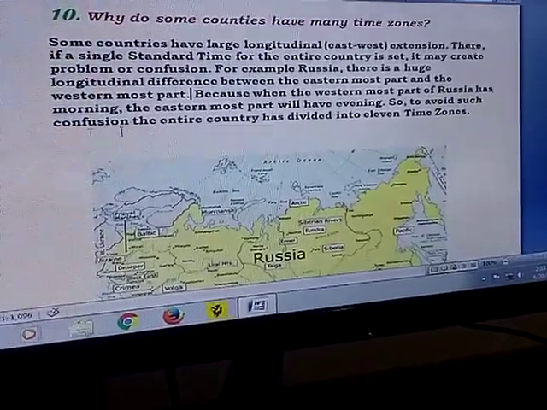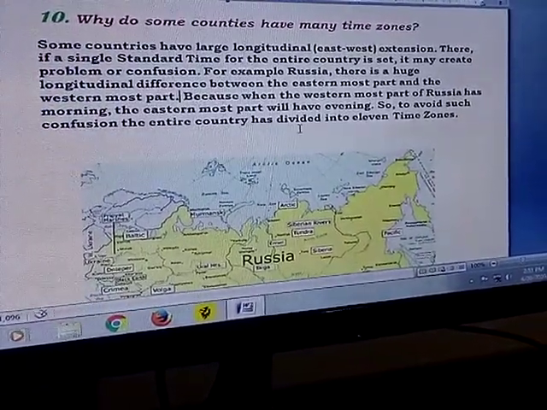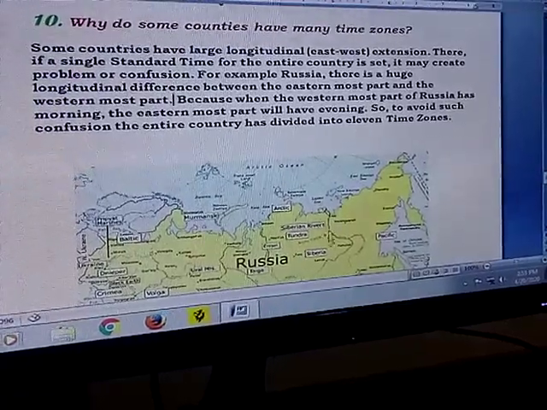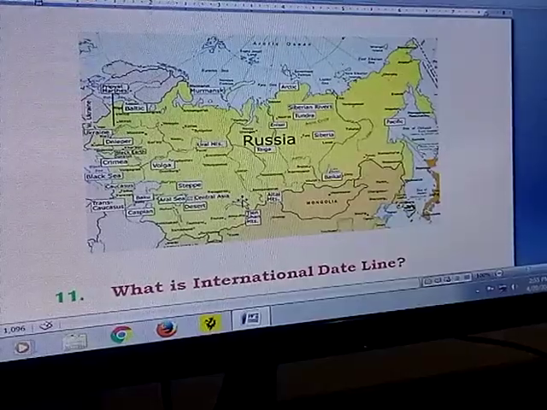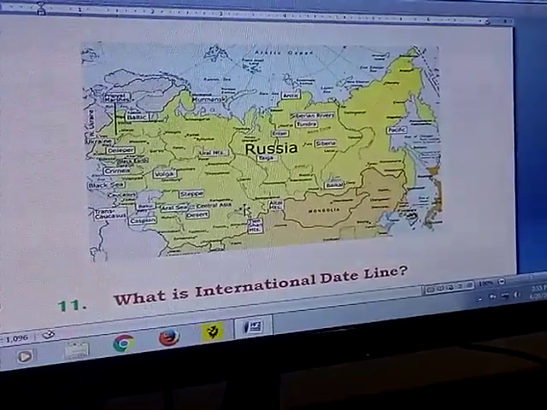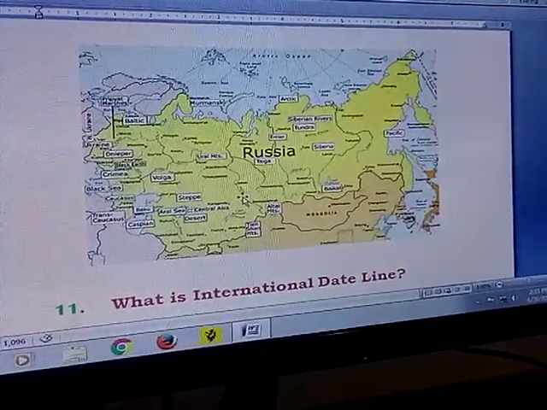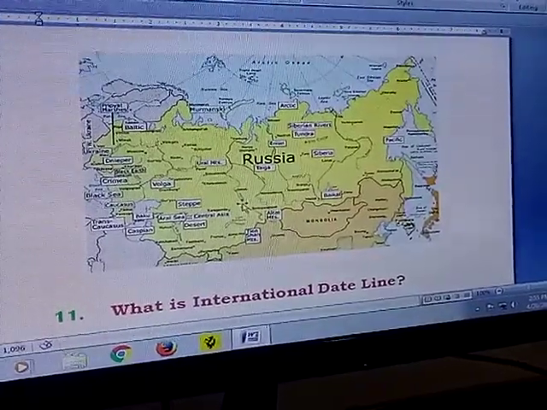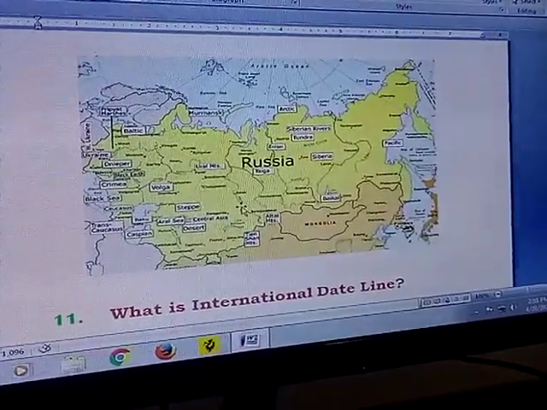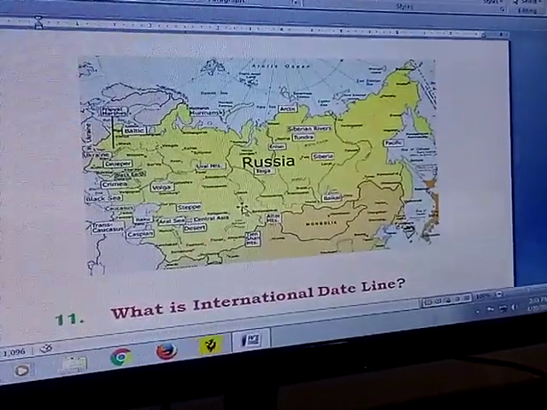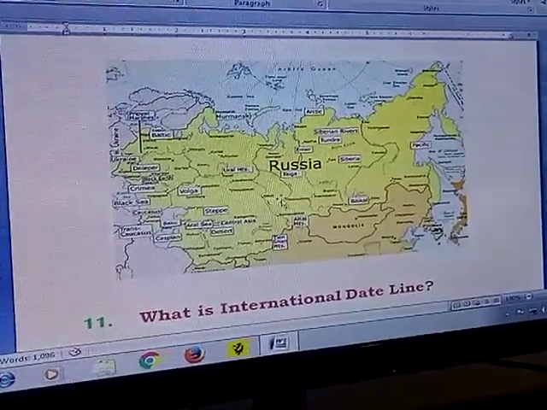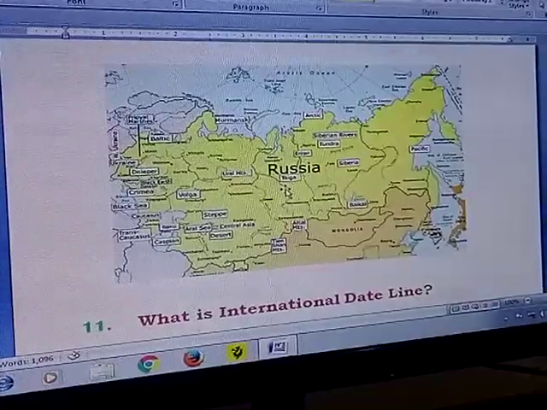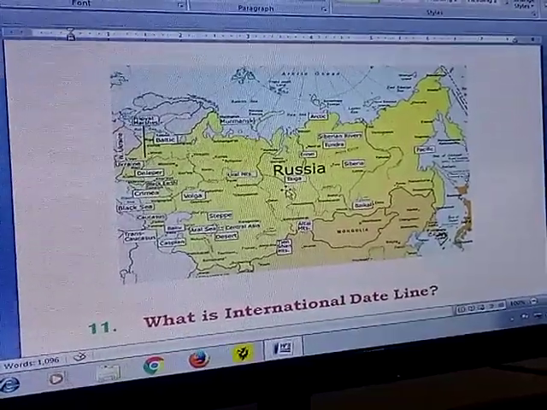So to avoid such confusion, the entire country has to be divided into 11 time zones. How they are maintaining it, only they know, but in India, we know the time is now almost 2 o'clock here in Dhanbad. The same time is in Bombay, the same time is in Delhi, and the same time is in the easternmost part like Nagaland, everywhere.